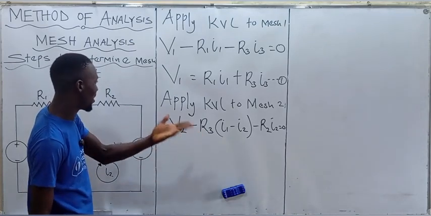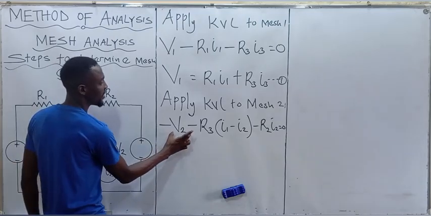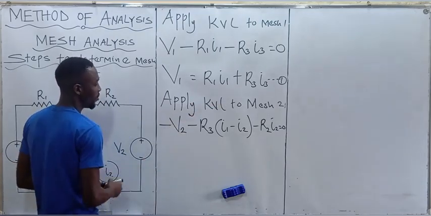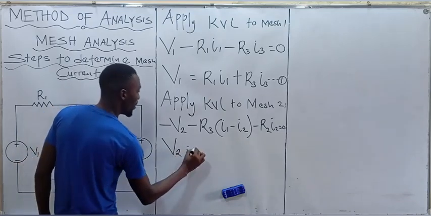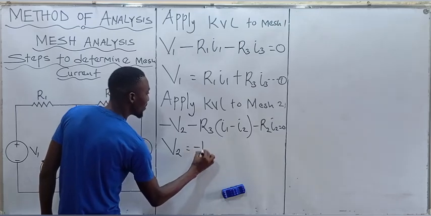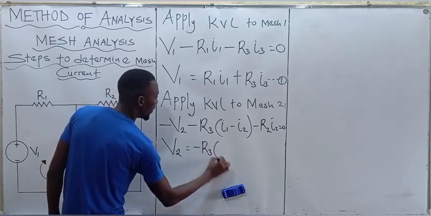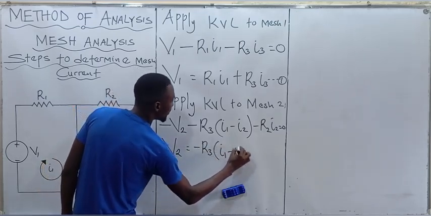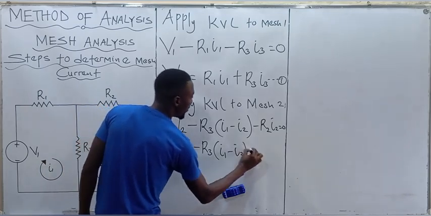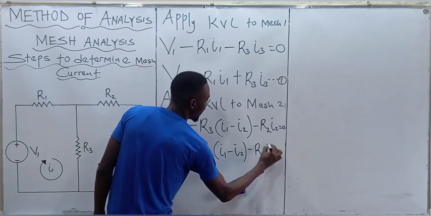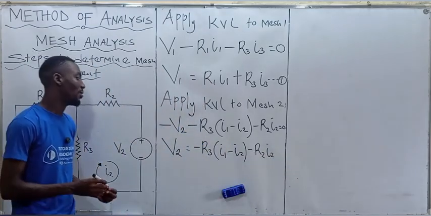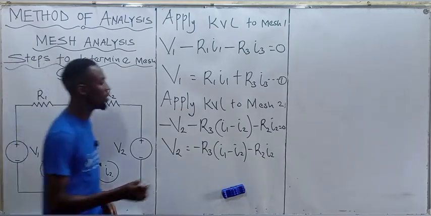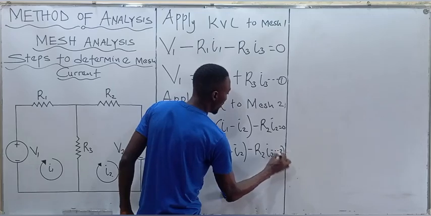Okay, let's forget about opening the bracket. If we send this to the other side, we are going to have our V2 equal to minus R3 into I1 minus I2, then minus R2 I2. We've already taken our voltage to that side. So this one becomes our equation number 2.